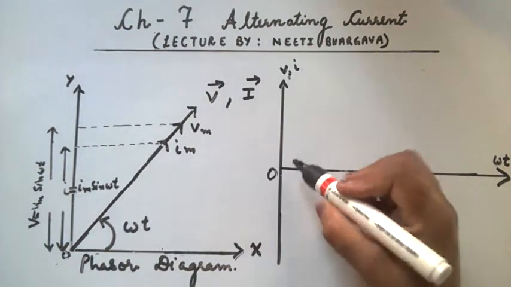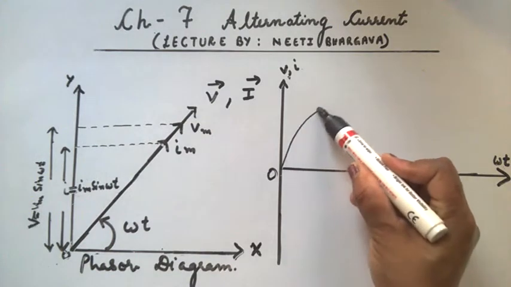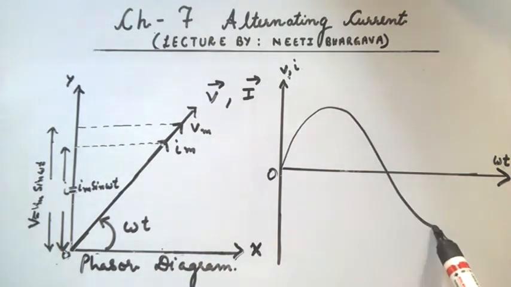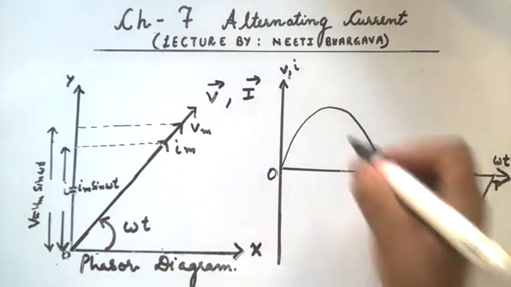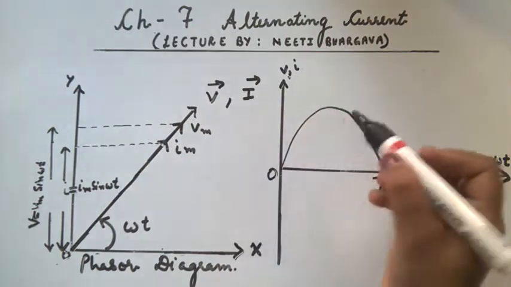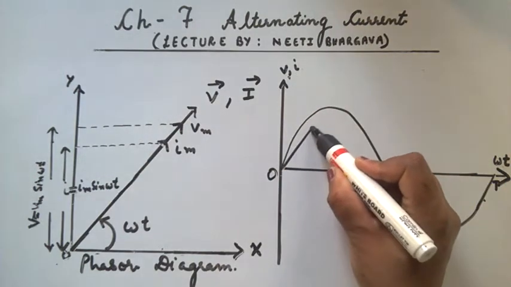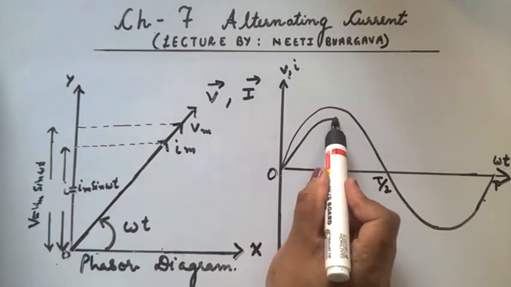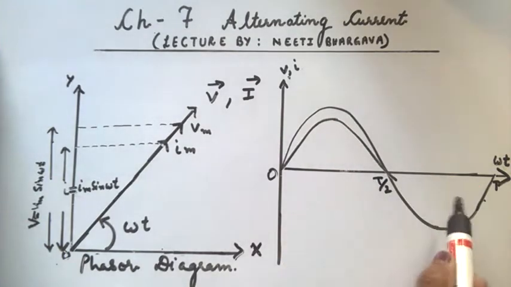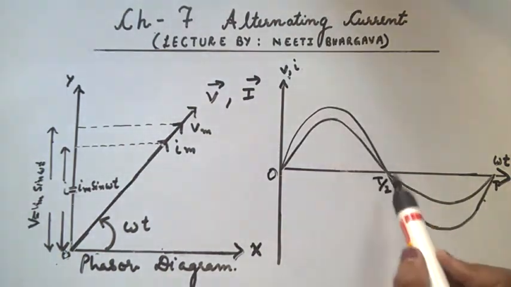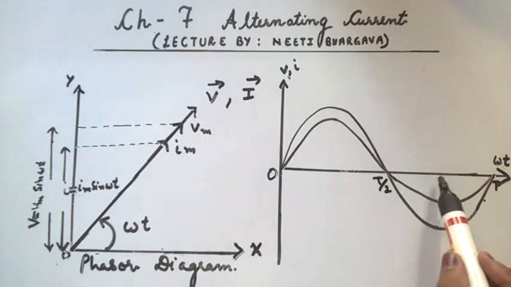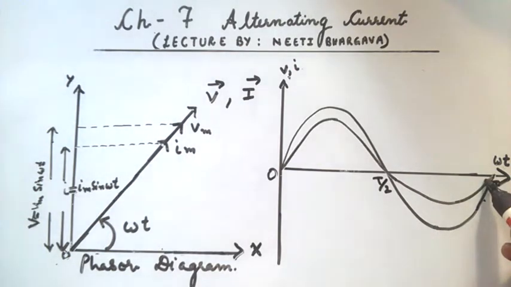Consider a complete cycle of alternating voltage starting from 0, T by 2 and T, and as v and i are in the same phase, they have the same angles and same positions, that is at pi by 2, pi, 3 pi by 2 and 2 pi.